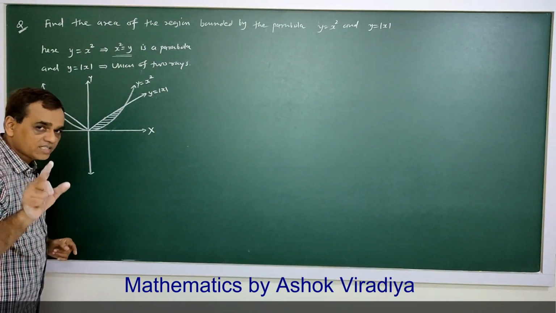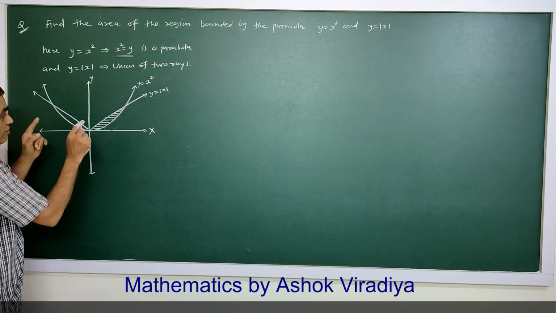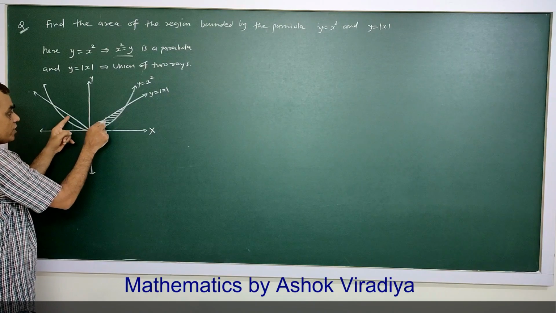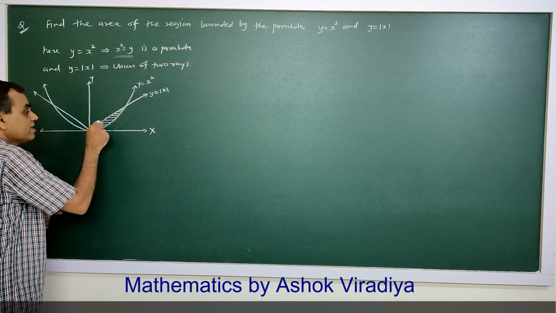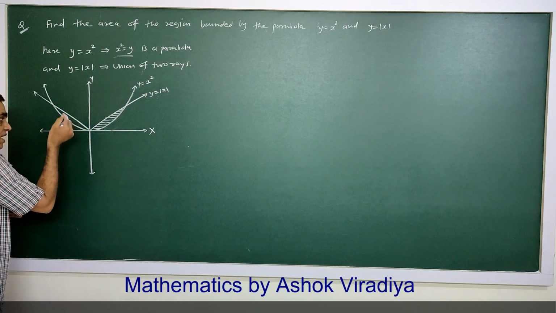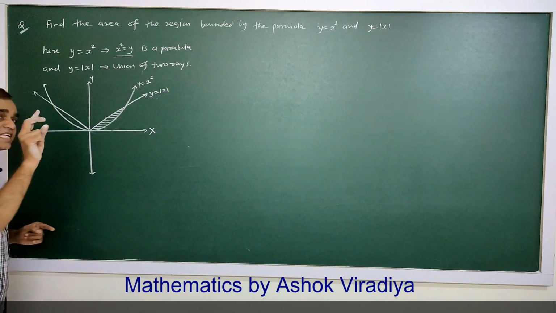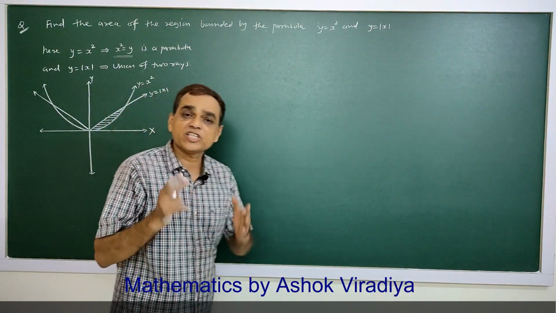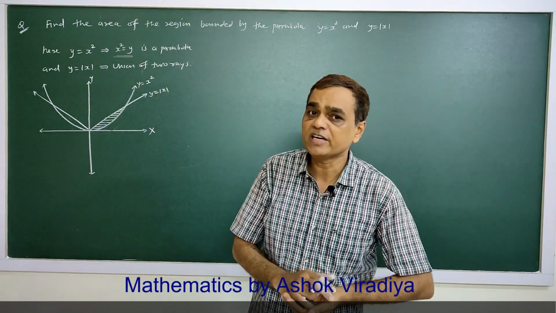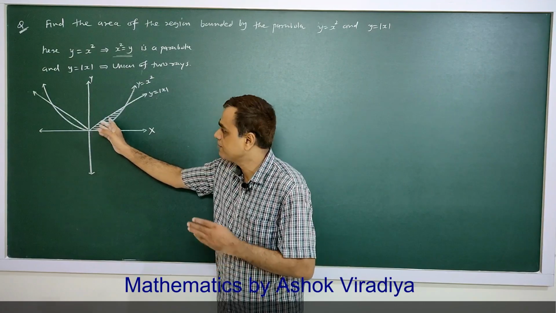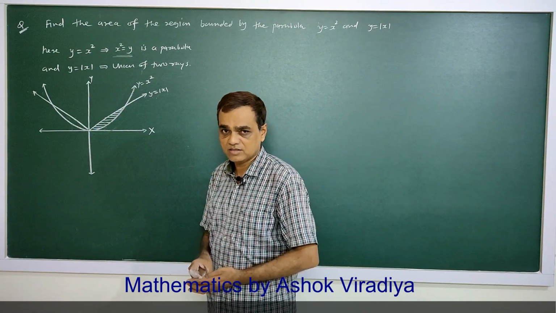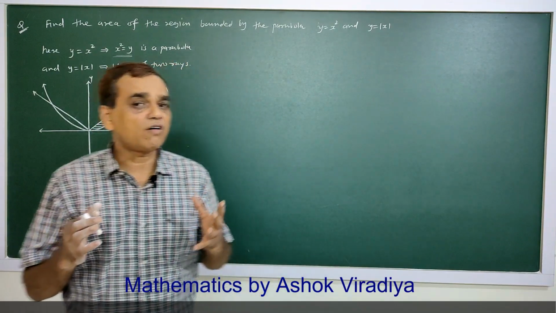So we are asked the area of the union of these two regions. We have to find the area of this region as well as the area of the region in the second quadrant. But because it is symmetric, we will find only the area in the first quadrant and make it double. So we will perform this procedure.